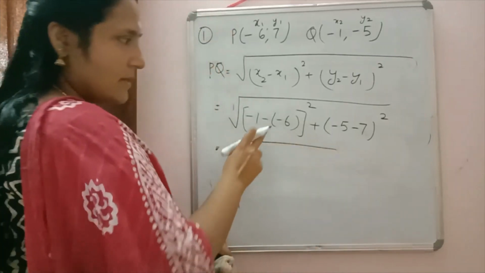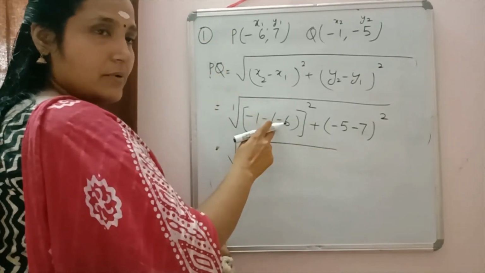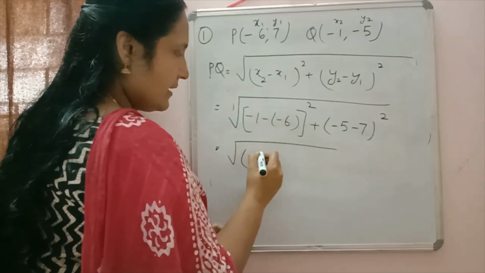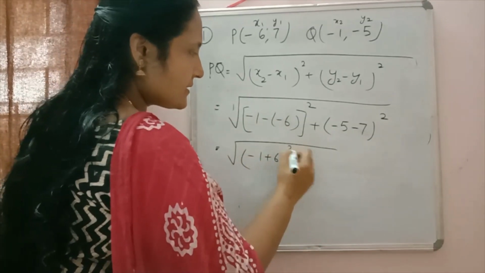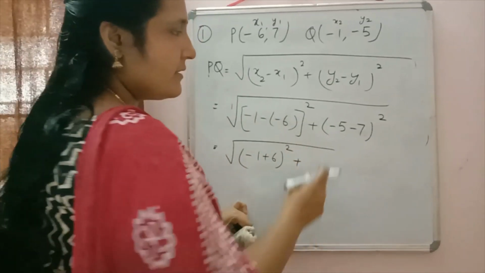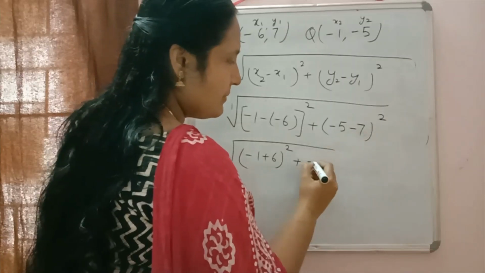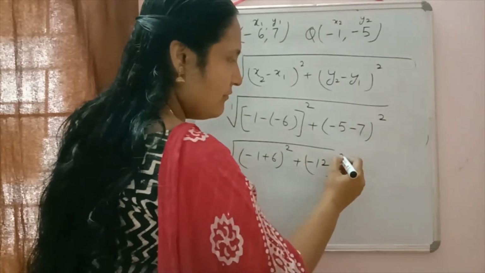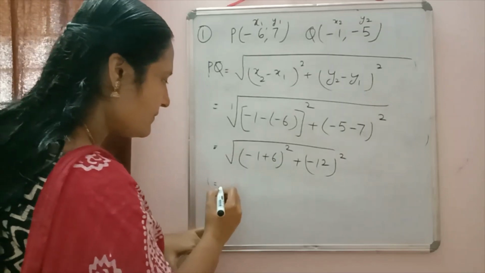Minus into minus will be equal to plus. So we are getting here (minus 1 plus 6) the whole square plus (minus 5 minus 7, which is minus 12) the whole square.